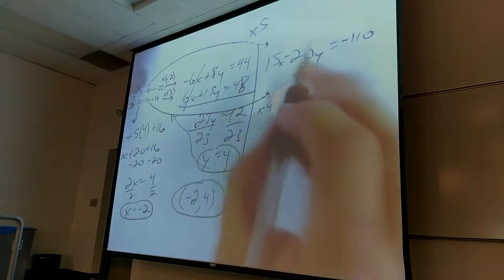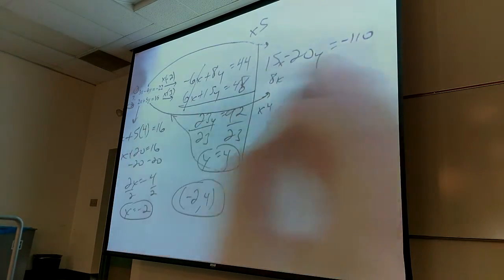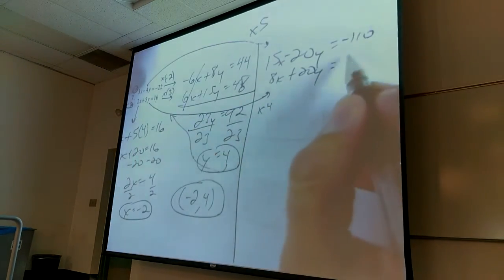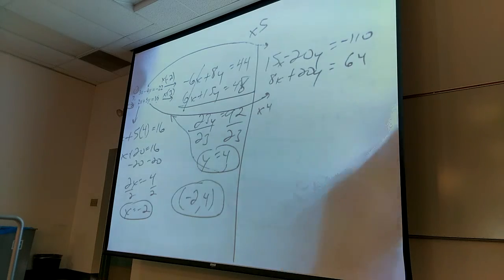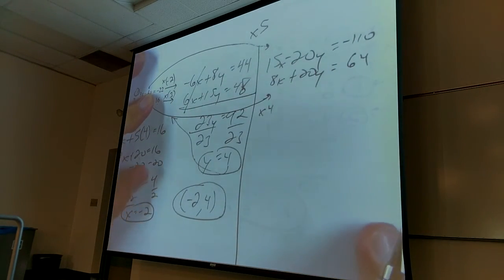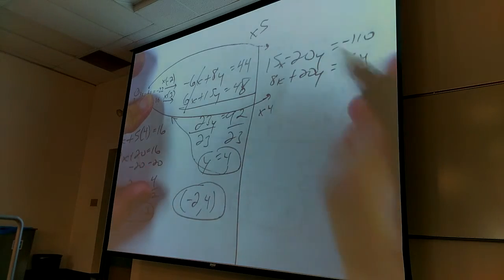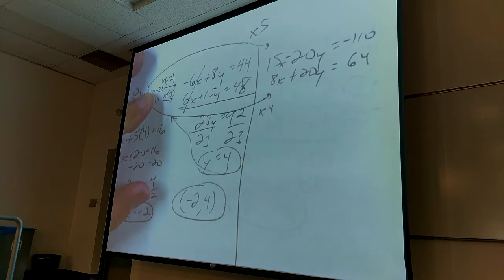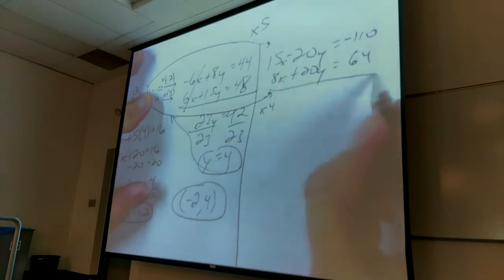I get 8x plus 20y, of course. You guys see that? The nice thing is there, again, they're already opposite signs, so I don't have to multiply by a negative. When I add these together, what do I get?